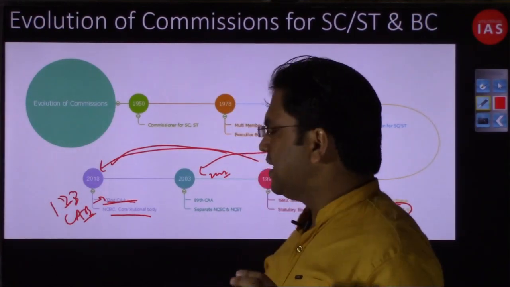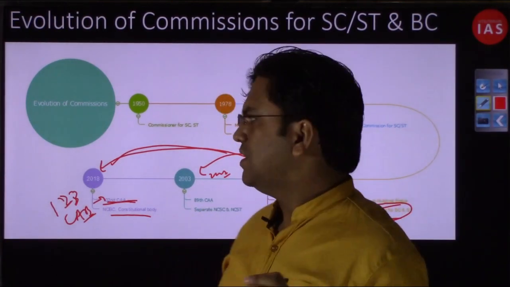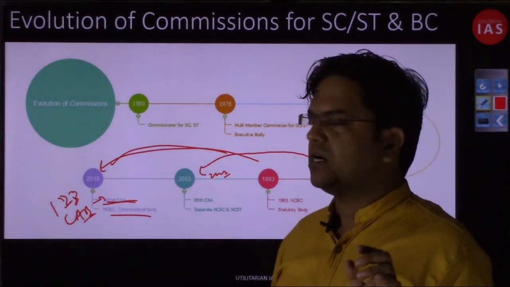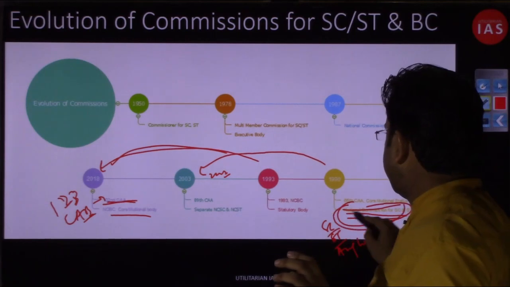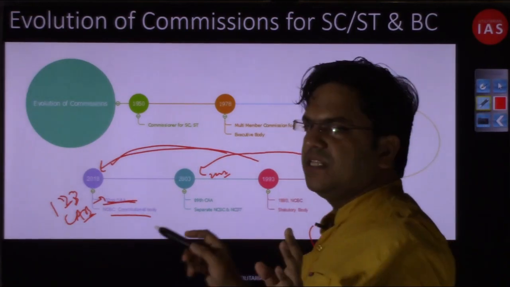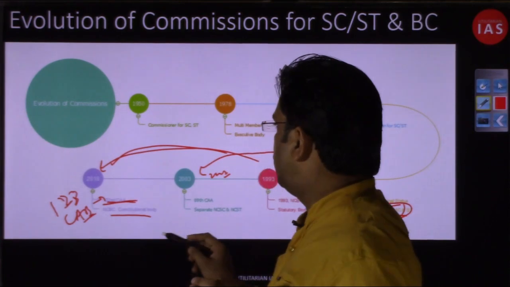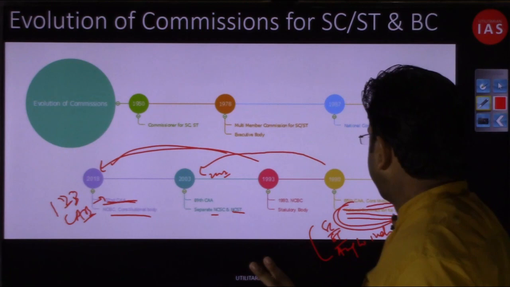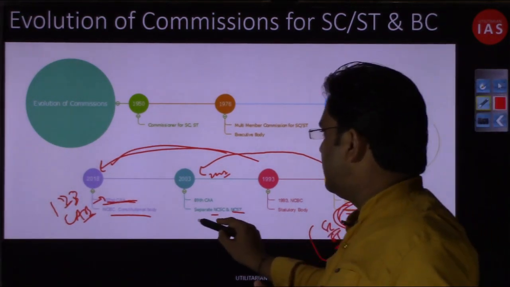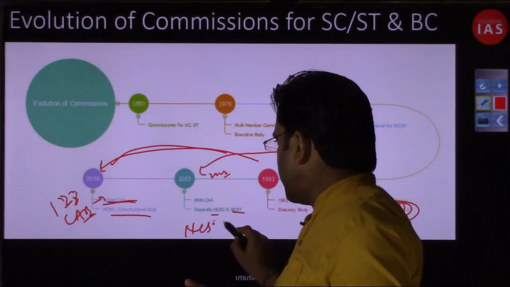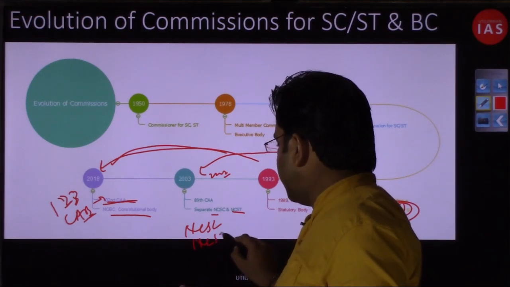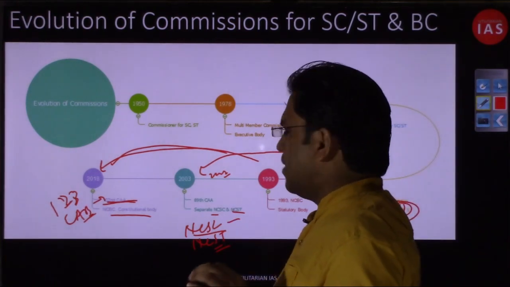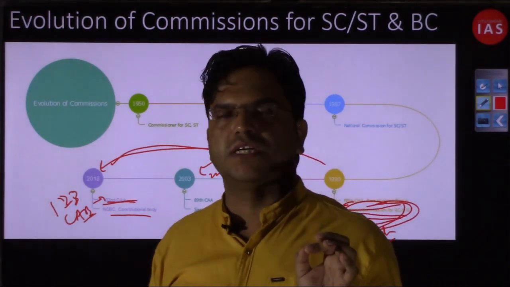So in recognition of their special requirement, this body, which was multi-member but single-handedly took care of the interests of three communities, was bifurcated into two bodies. The National Commission on SC and the National Commission on ST were created in 2003, and both were granted constitutional status.